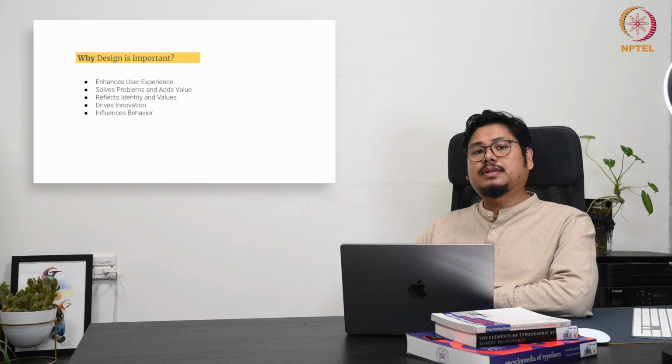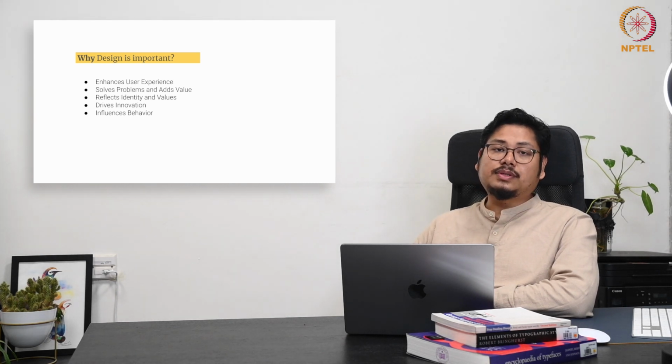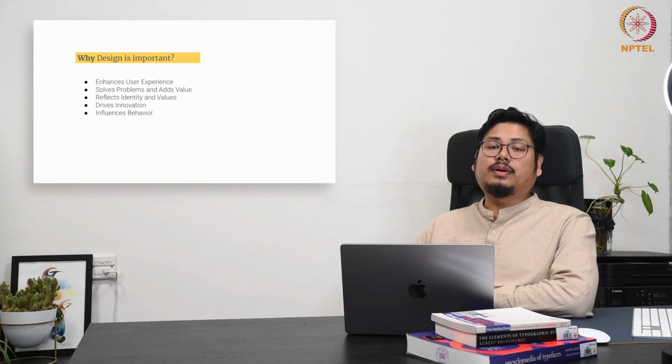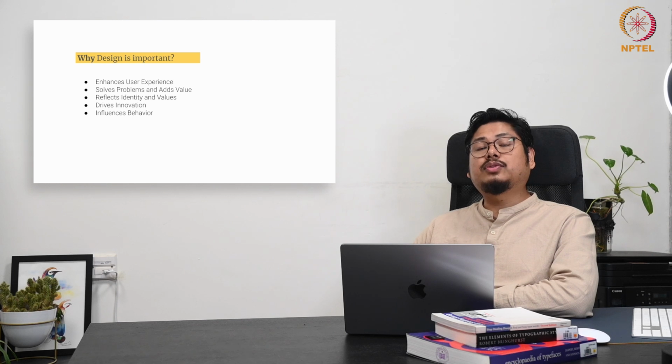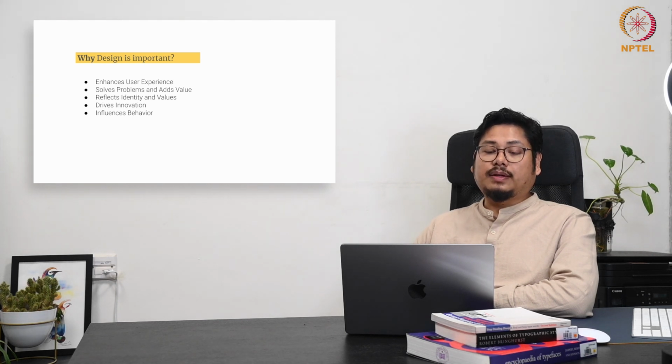Somewhere or the other, a good design will definitely influence the behavior of your user. It won't be too much of a load or overload for them when you are dealing with good design.